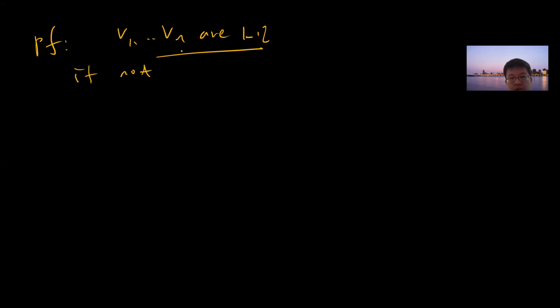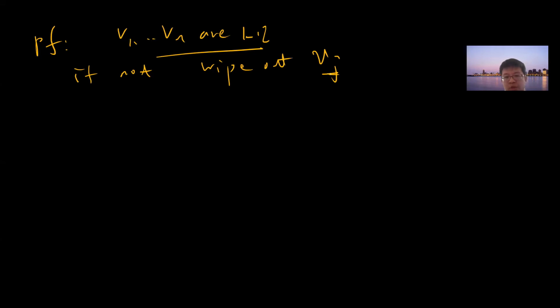Okay, so the proof. If v1 to vn are linearly independent, then we are done, because these already span W. If not, then we can wipe out some vj, if vj is a linear combination of the previous ones.